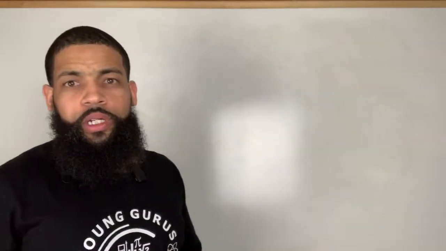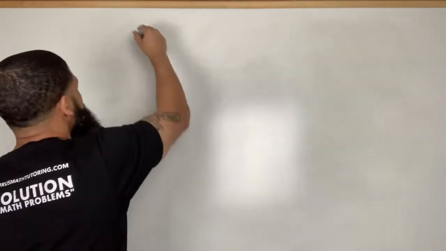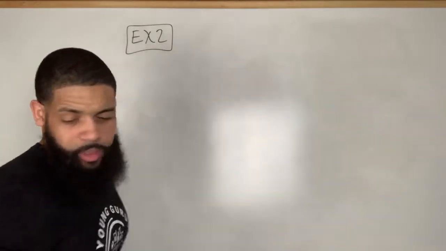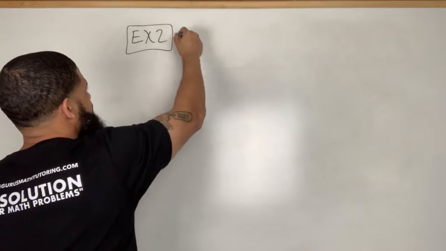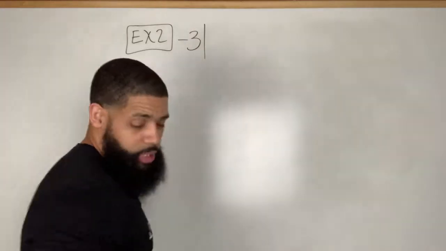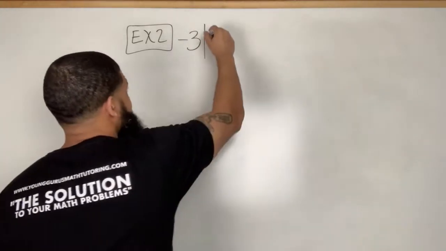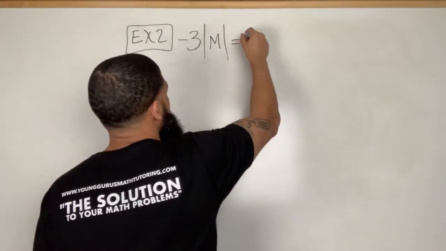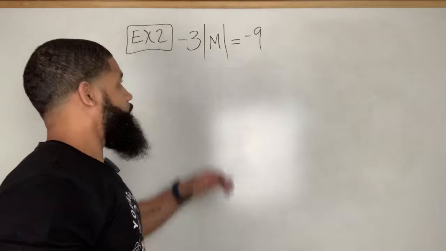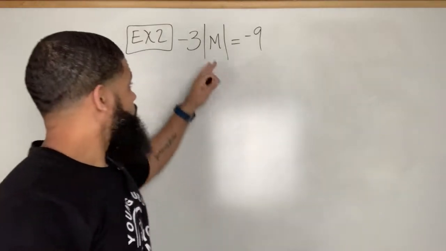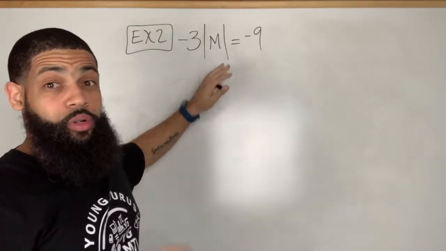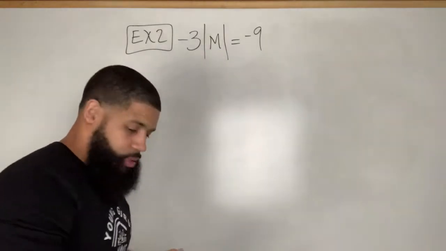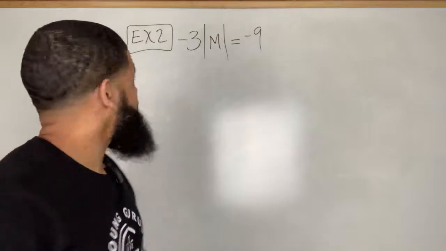All right, now let's say I have example 2, and example 2 says -3, or negative tree, as I like to say, times the absolute value of m, equals -9. Okay, now in this case I need to get this absolute value term by itself. So what I'm going to do is divide both sides by that -3.